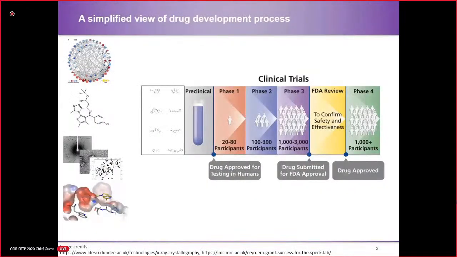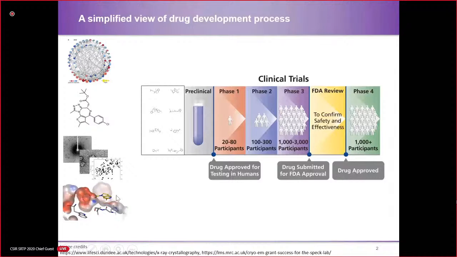Yeah, so this is a very simplified view of a whole drug discovery process on the slide. Although the drug discovery process is very complicated, multidisciplinary, very expensive, time-consuming, tedious, in simple terms, what you do is you find a target which your disease is associated with, and then you validate this target, and you find some tool compounds that can interact with the target and probably modulate the target and change the disease condition.